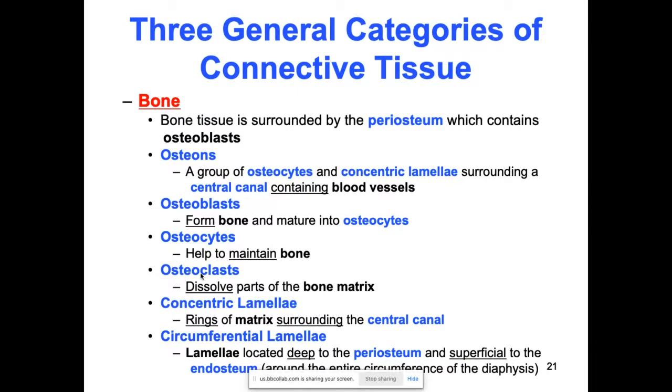When you put out concrete, cement eventually hardens and becomes solid. So the osteoblast, which is this immature cell, is going to lay down this matrix of calcium.